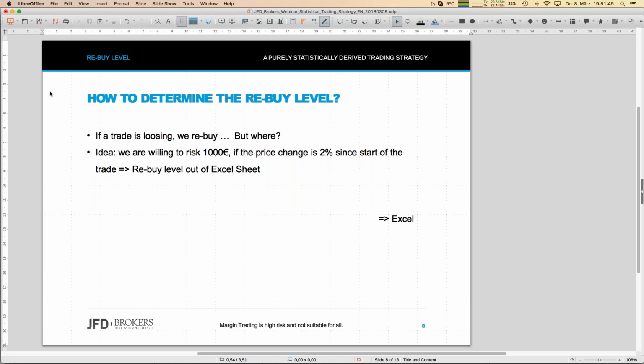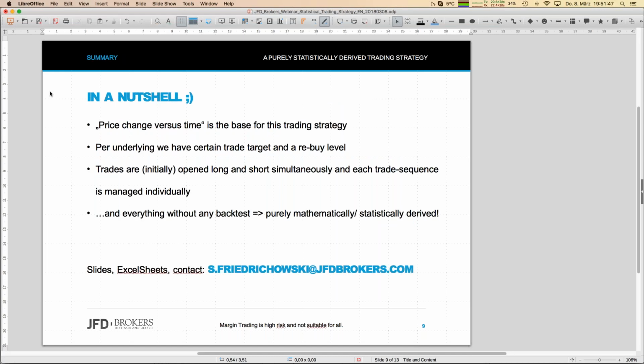Yeah, you may call that the input of a chart. You're right, but that is simply statistics, deriving that typical price change versus time, and we need that in order to calculate which underlyings would be the best for that kind of strategy.